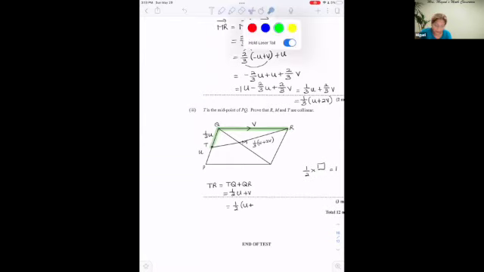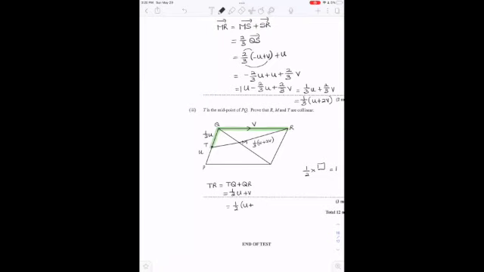A half of 3, a half of 6, a half of 4, a half of what number? 2. So a half of 2V.